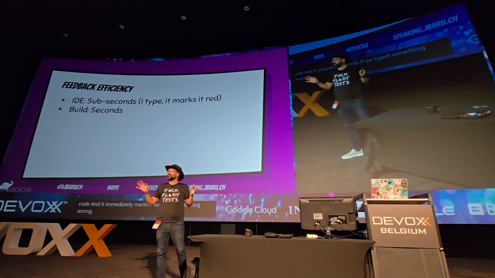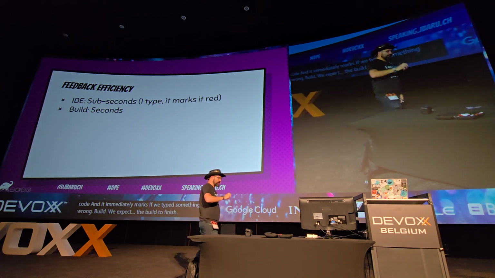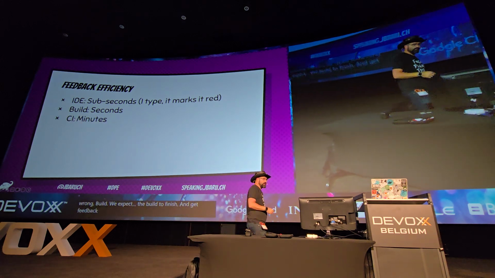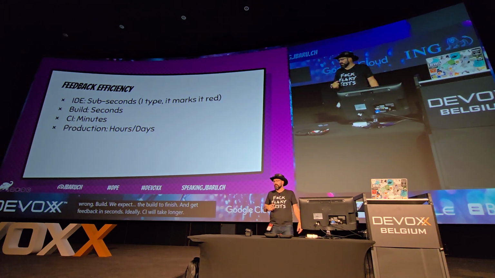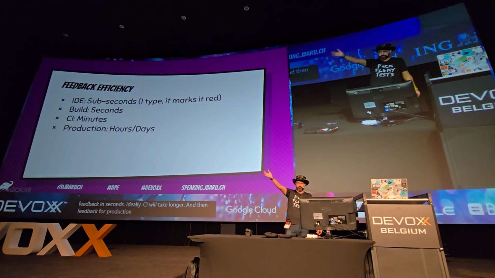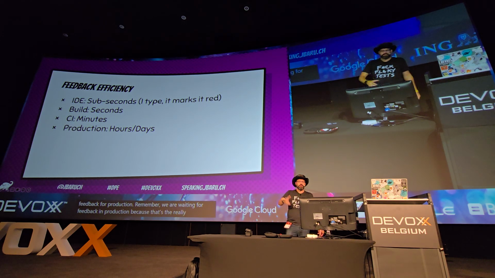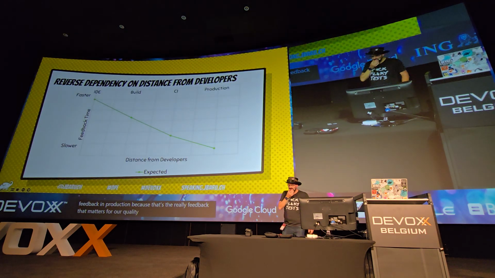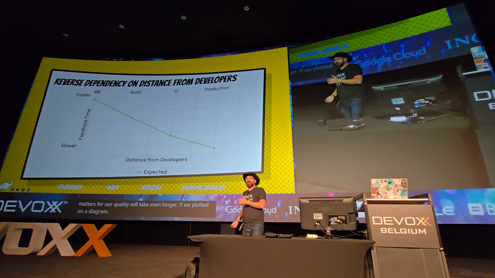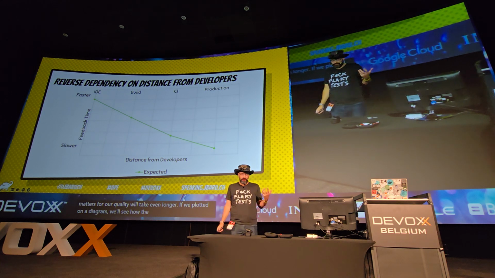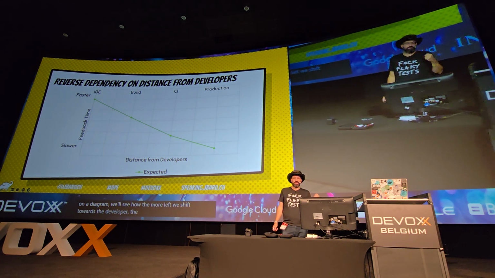We expect the build to finish fast and get feedback in seconds, ideally. CI will take longer, and then feedback from production. Remember, we are waiting for feedback in production because that's the feedback that really matters for our quality, and it will take even longer. If we plot it on a diagram, we'll see how the more left we shift toward the developer, the faster feedback we expect.